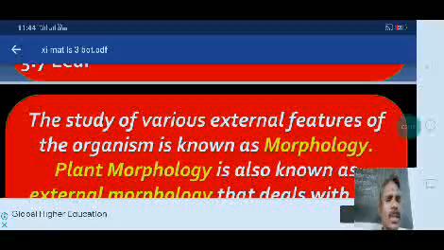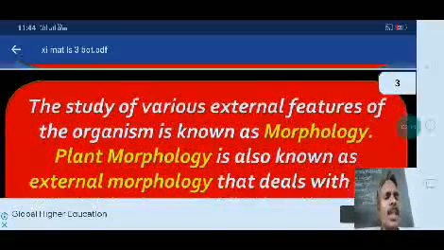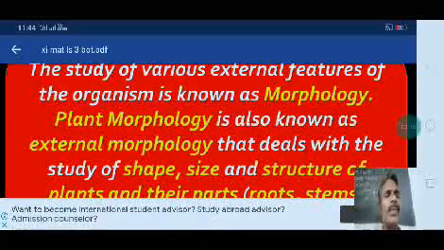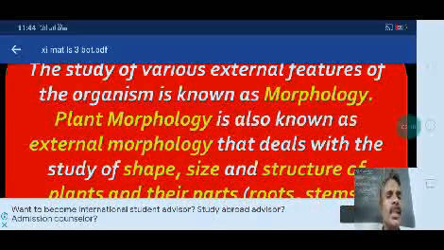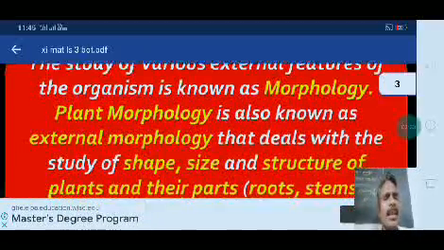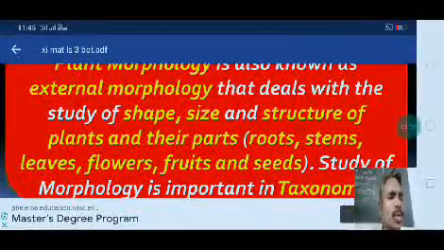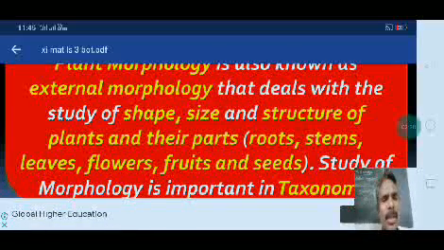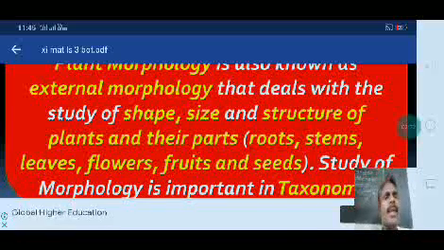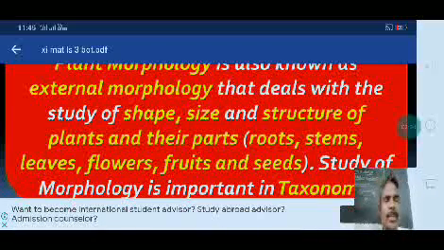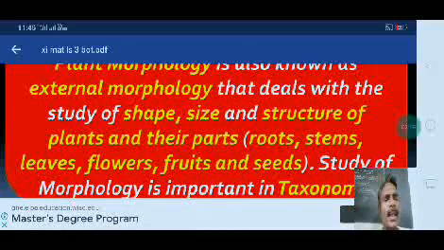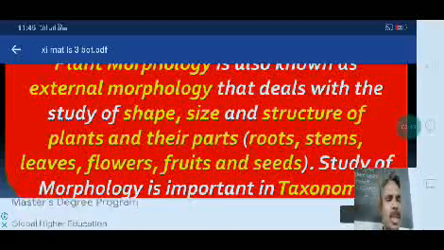In a plant, morphology is also known as external morphology, which deals with the study of shape, size and structure of plants and their parts, that is roots, stem, leaves, flowers, fruits and seeds. These come under plant parts. You have to study the shape, size and structure of plants and their parts.